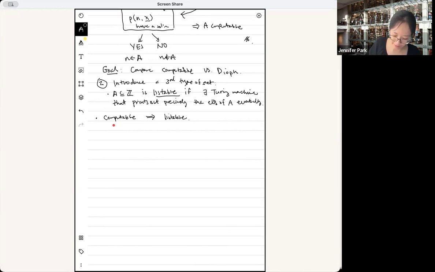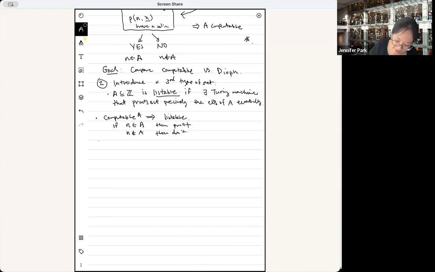If n is in the computable set A, then print it, because I already know whether it's in the set or not. And if n is not in A, then don't. I can't even call it an algorithm, you're just literally using the same machine. So this is really trivial.